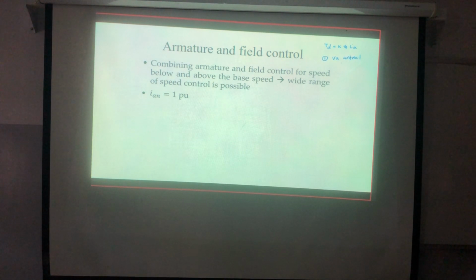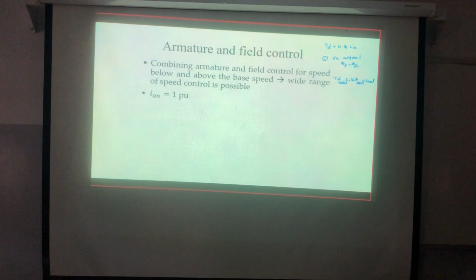If VA control, then the flux is fixed, equal to the rated value. Good. Now, TD rated will equal K phi rated multiplied by IA rated.